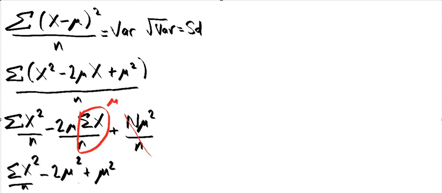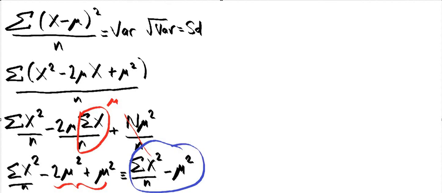But look, I've got minus 2 mu squared plus mu squared. So actually, that's equal to the sum of x squared over n minus the mean squared, which is the other form of the variance formula. So that's basically how you get from one to the other.